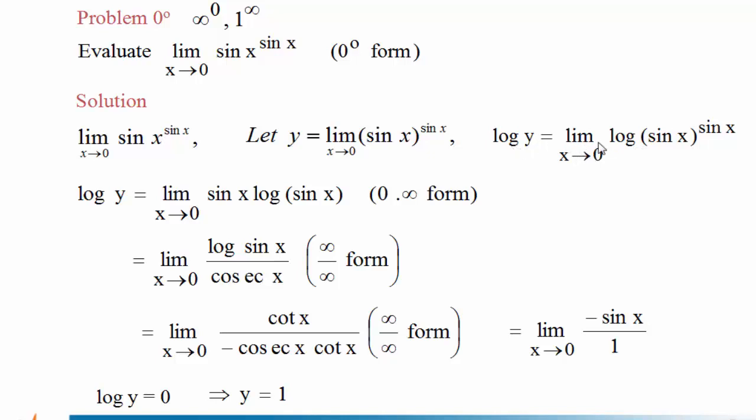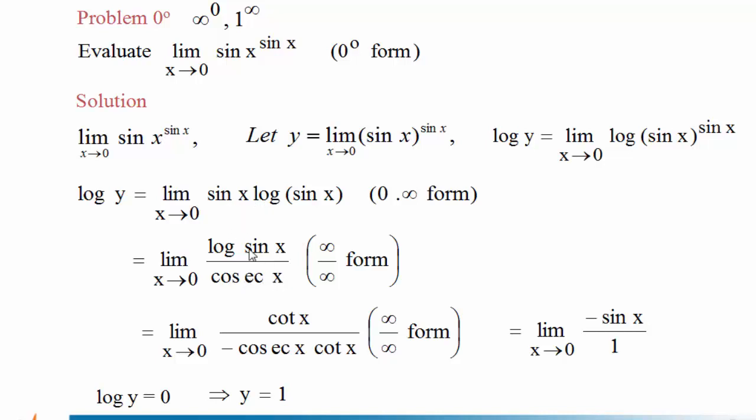So log y equals, and log of a limit is nothing but the limit of the log. By the property of log, this power will go into multiplication, means the limit of sin x into log of sin x, and a 0 into infinity form is produced. Now it is convenient to convert this into infinity by infinity form. So sin x can be written as 1 upon cosec x.